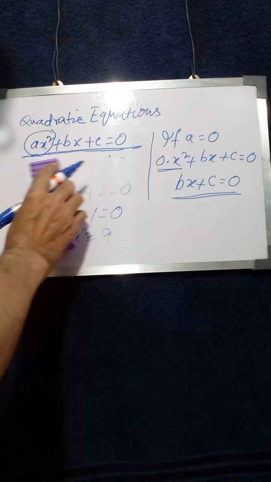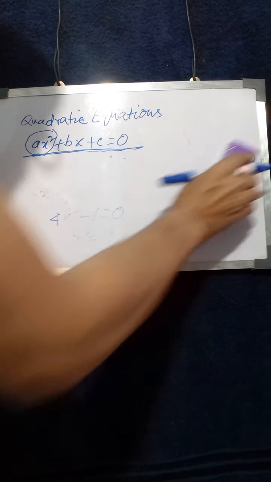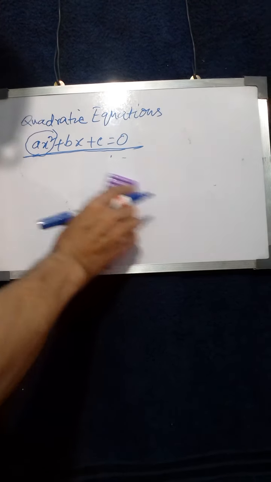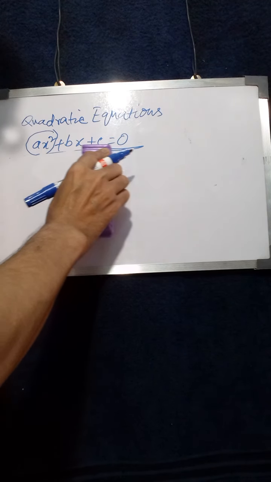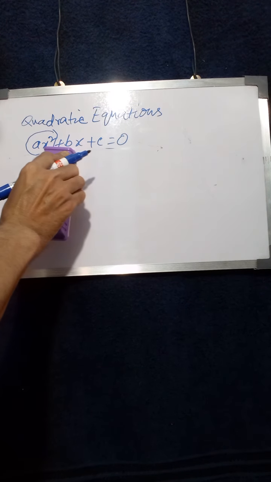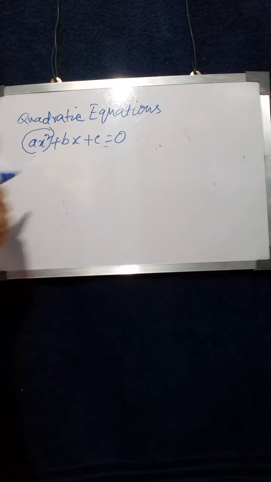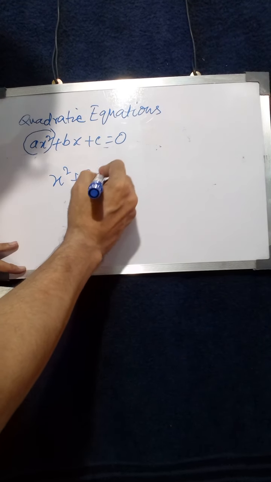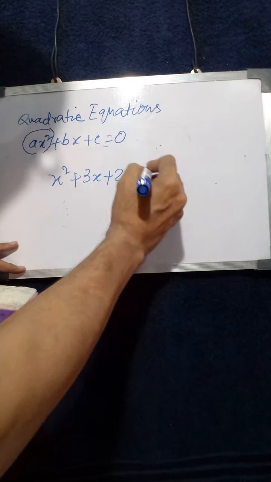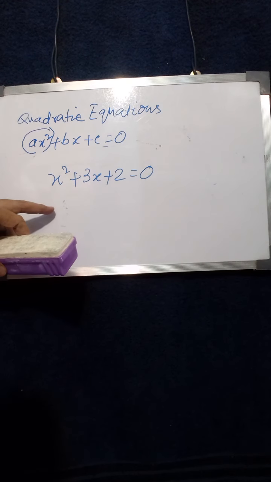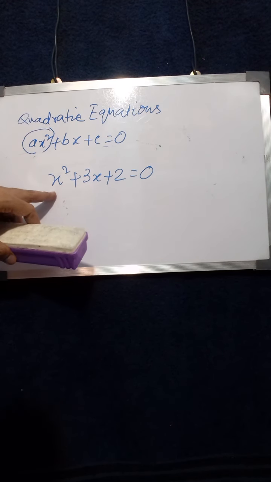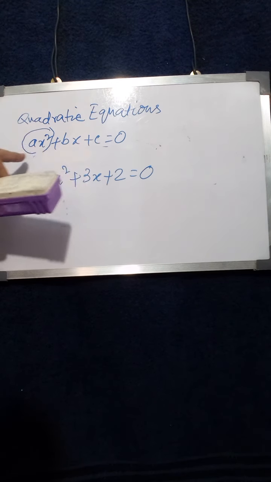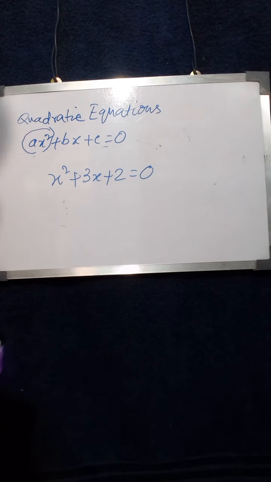Now how to solve this type of equation? Let us take that previous example I have already given. x square plus 3x plus 2. First of all, we need to verify whether this is arranged according to the generalized form of quadratic equation.